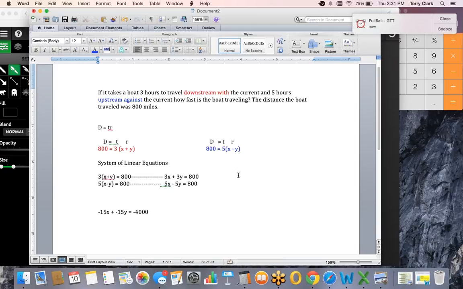Over here I'm going to say we use the distributive property. We simply took 3 multiplied by x, took 3 multiplied by y, and that's how we came up with 3x plus 3y.